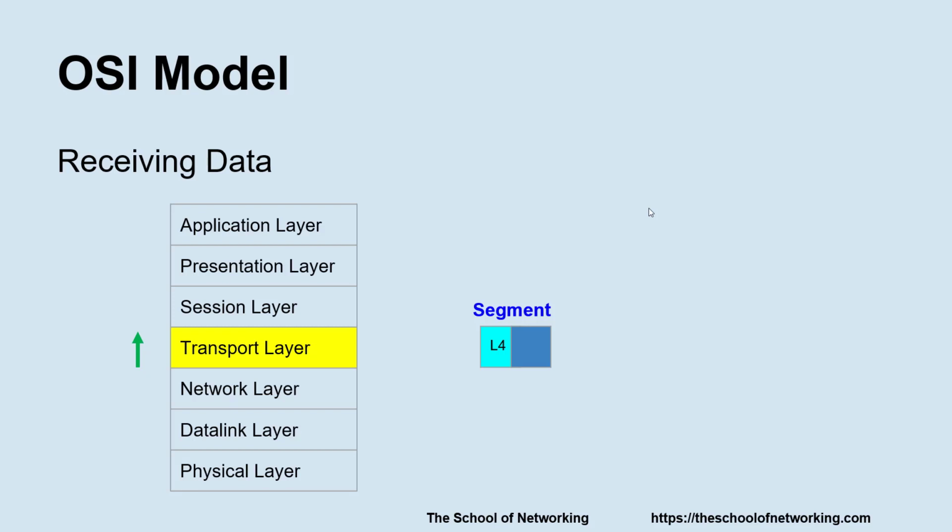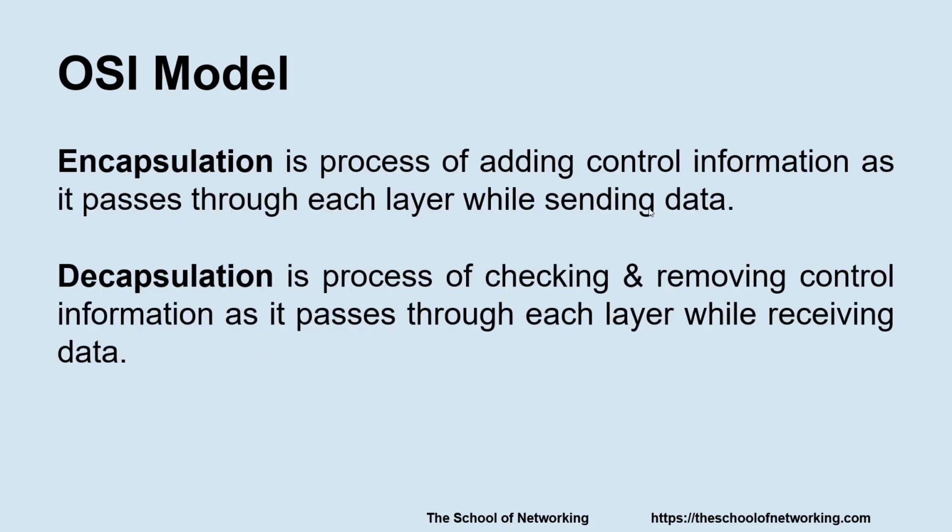If it is open, it will send the data upside. If it was segmented traffic, it will be reassembled here, sequencing will be done, and the data will be sent to the upper layer. Then it goes to the presentation layer and application layer. So this is how end-to-end communication happens from sender to receiver.